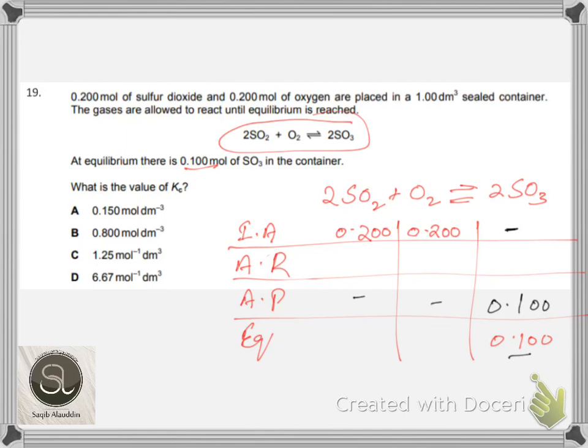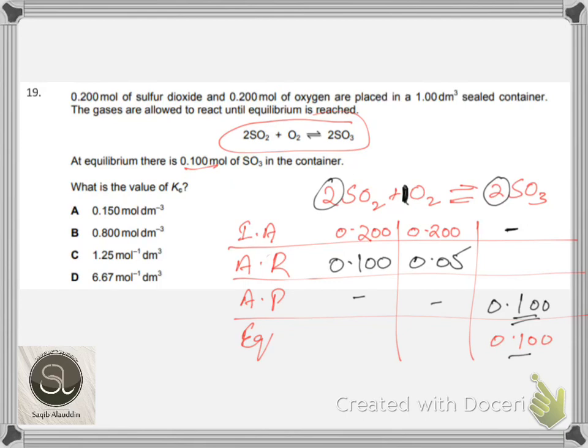So 2:2 means the ratio of 1:1. If 0.1 moles of SO3 are produced, it means 0.1 moles of SO2 are reacted. And half of that for oxygen, so 0.05 moles of oxygen have reacted.